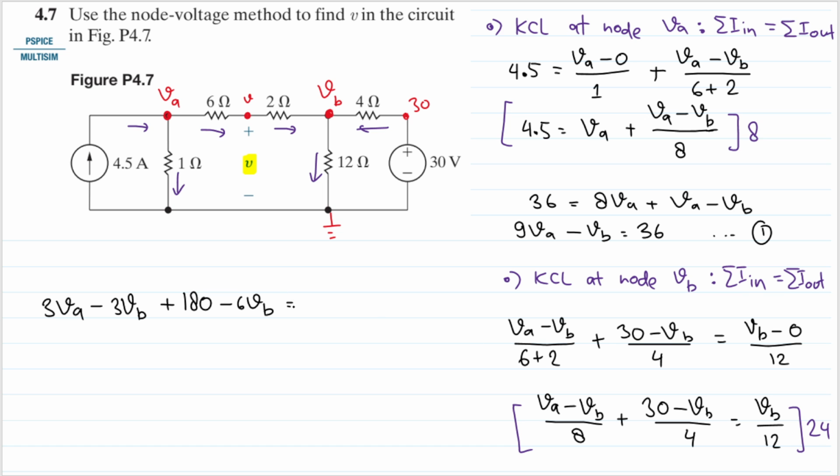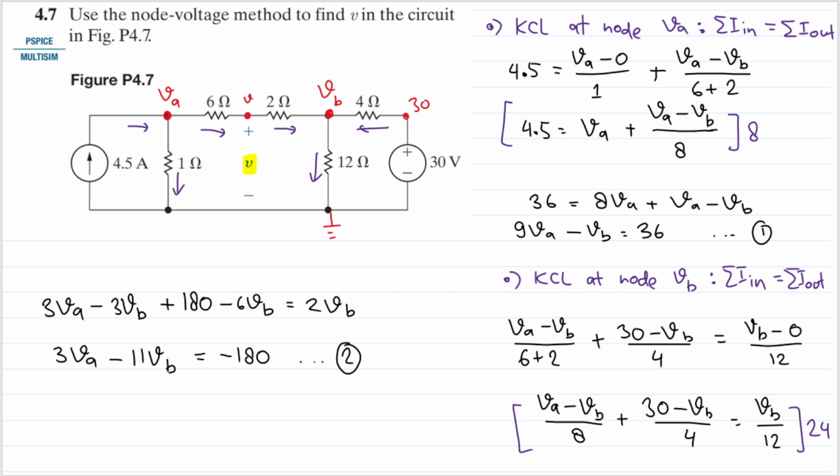So we will have 2 VB on the right hand side. Okay, let's simplify this one. We will have 3 VA here, and then minus 3 minus 6 will be minus 9. Minus 9 minus 2 will be minus 11. Minus 11 VB. And that will equal to minus 180. So this is equation number 2.